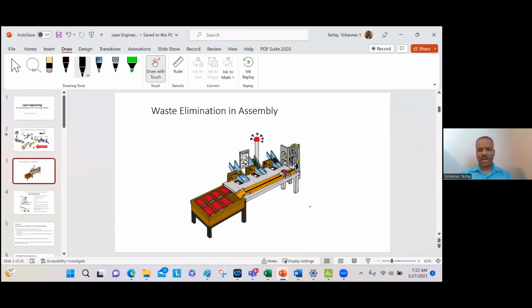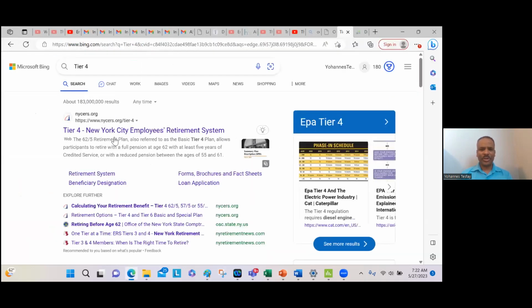But that can be arranged just like this. This is now ordered. Okay, ordered. So the first thing that we need to learn about lean is 5S.